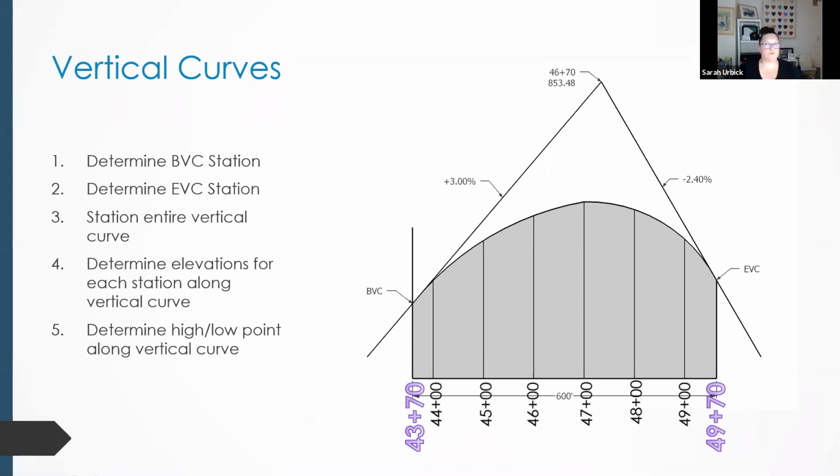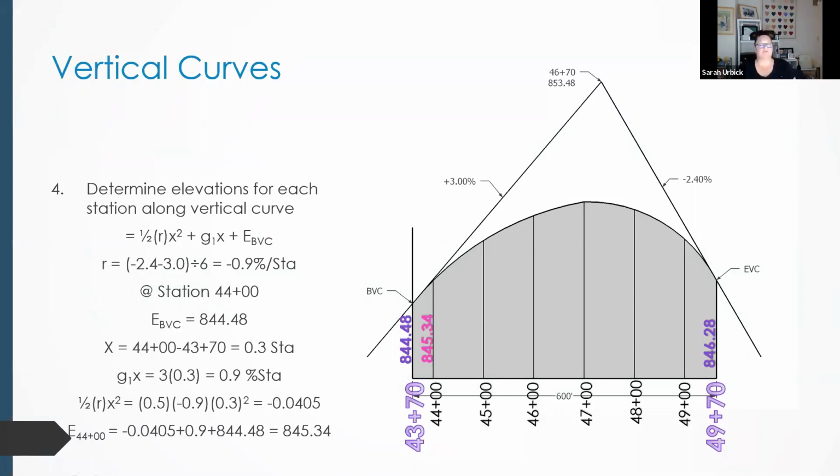How do we use one formula to cover both conditions? We do. Okay. So, any questions so far on the stationing? Okay. All of this will be posted, I swear.